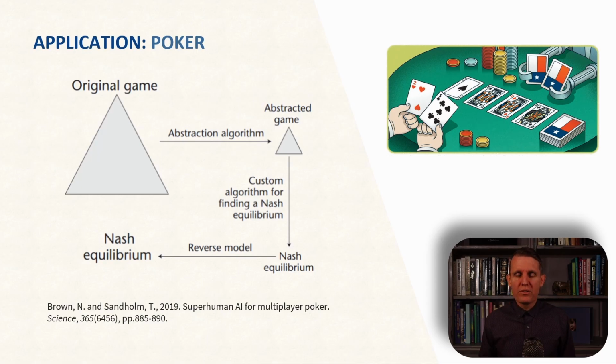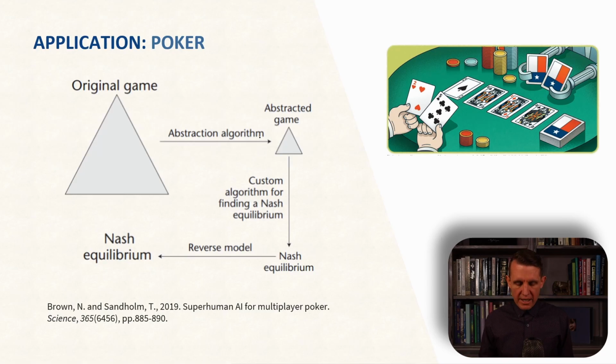For example, one of the simple abstractions they used was when you have to bid the amount of money you're prepared to bet. This could be a number in dollars up to a certain amount. And what they did was just bucket those numbers together. So instead of having an action for betting $1, $2, $3 all the way up to the maximum bid, they just bucketed them together and said bets between $10 and $15, for example, are effectively the same.